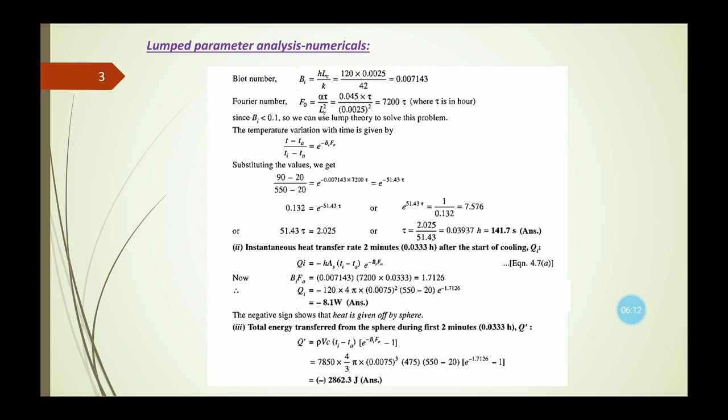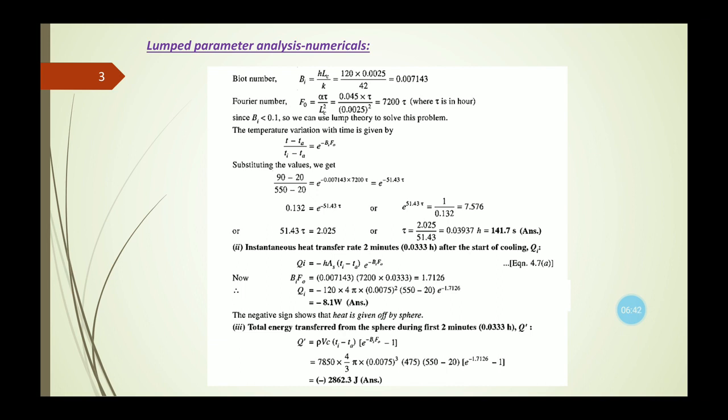After 2 or 3 steps we get the value of tau as 0.03937 hour. If we convert this into seconds, the time is 141.7 seconds. So this is the answer of the first part of this numerical.